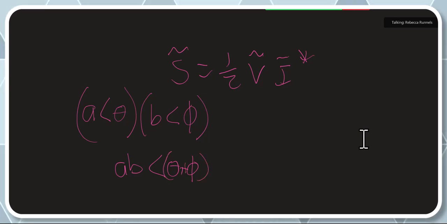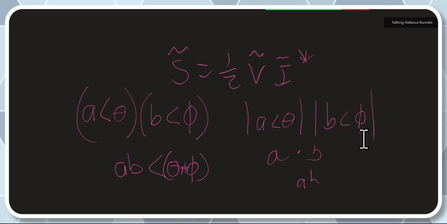I would add together those angles. So if I take the magnitude of A angle theta and multiply that times the magnitude of B angle phi, the magnitude is just the A, and the magnitude over here is just the B, I get AB.